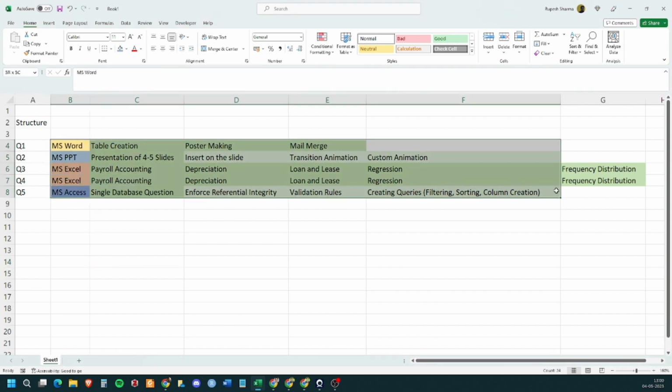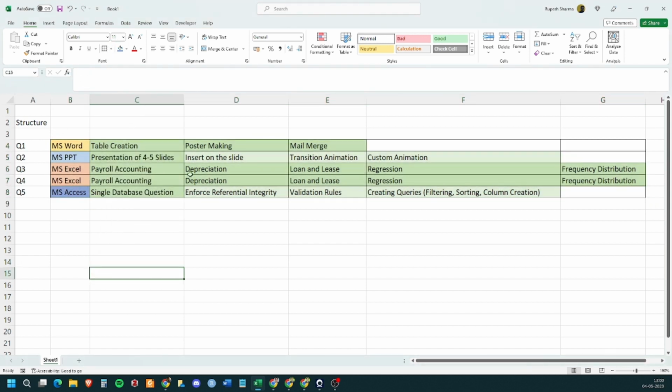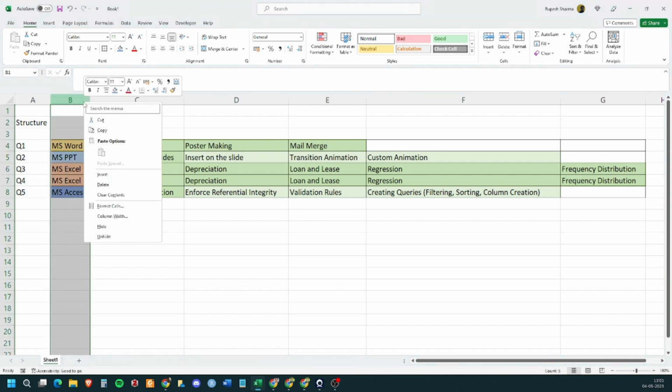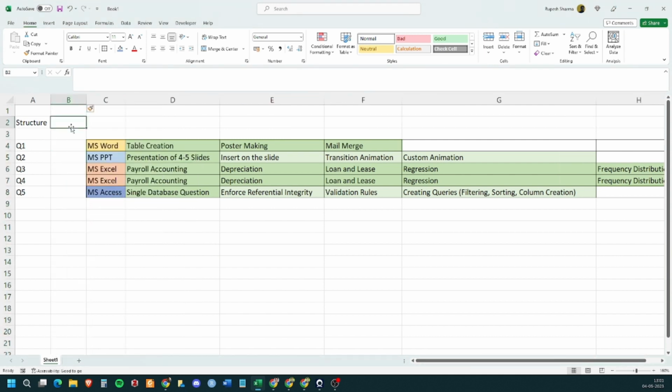अब इसमें हमारे पास ध्यान से अगर देखें तो 4 टॉपिक हो गए, right. We have 4 topics, MS Word, MS PPT, Excel and Access. और एक्सेल के 2 क्वेश्चंस हैं, बाकी सबके एक एक क्वेश्चन. Let us look at the marks breakup. So very simply put, 15 marks के आपके 2 एक्सेल के क्वेश्चन होने वाले हैं.